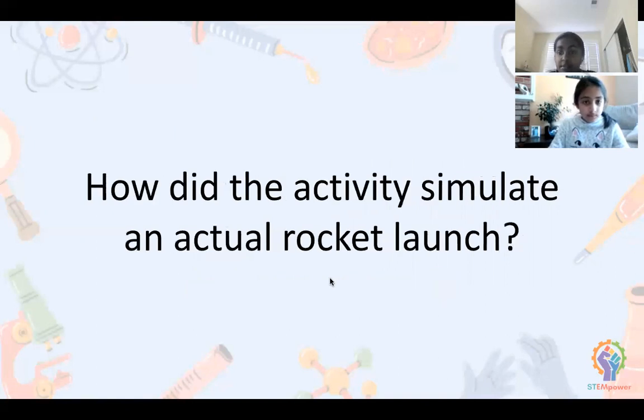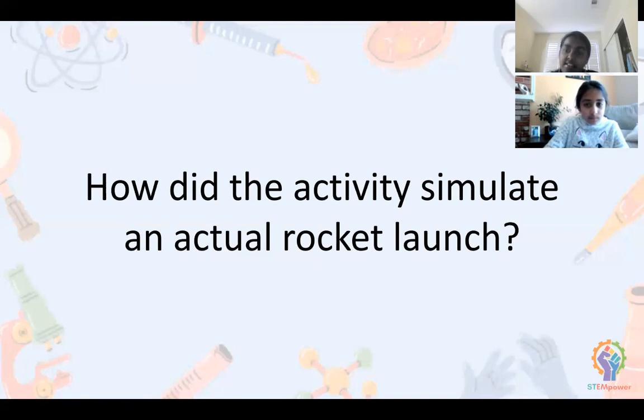So how is it similar to an actual rocket launch? What's different? It's like an actual rocket launch because a rocket launches using the same way, by pushing air and pushing the rocket forward using the air.